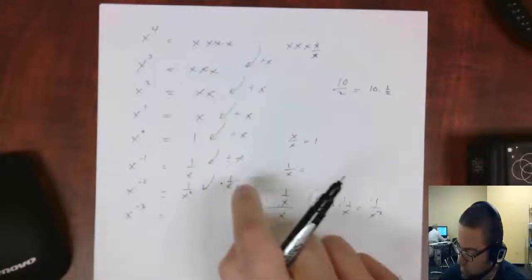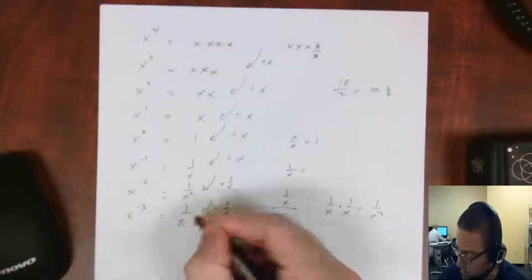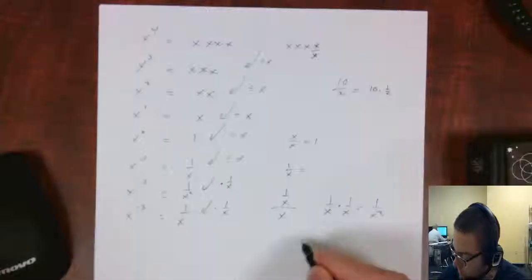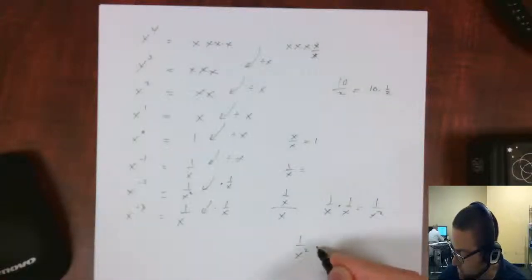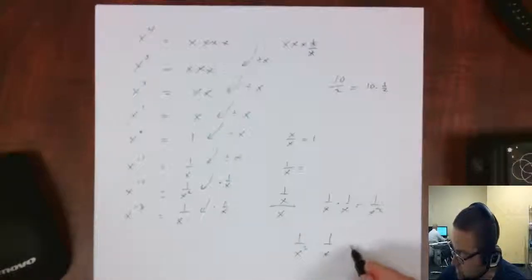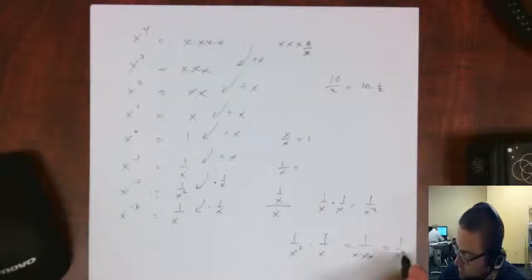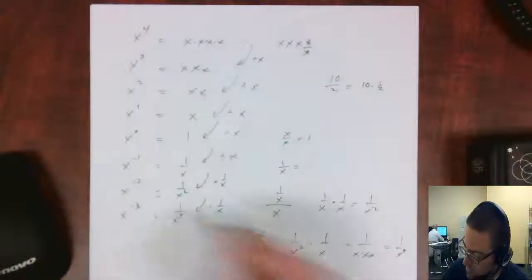So what if I do that again? I multiply by 1 over x, and I get 1 over x squared times x, which is 1 over x cubed. So you can see that the pattern will continue on in this way.